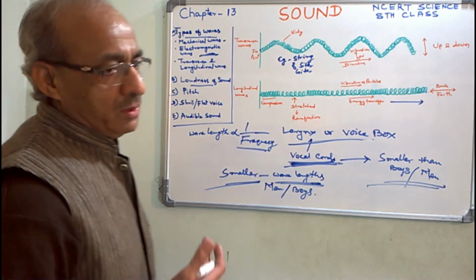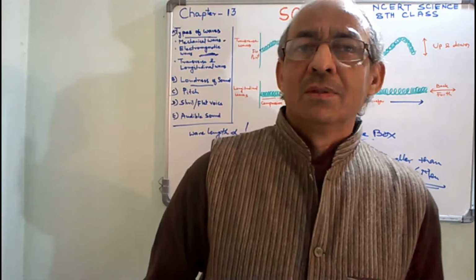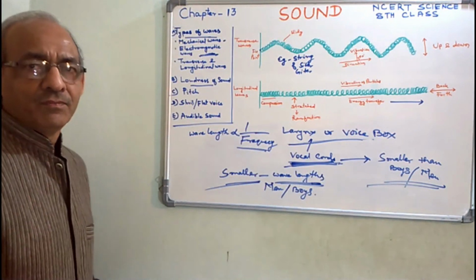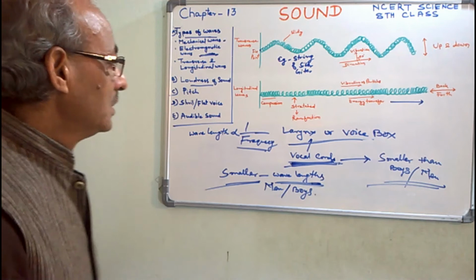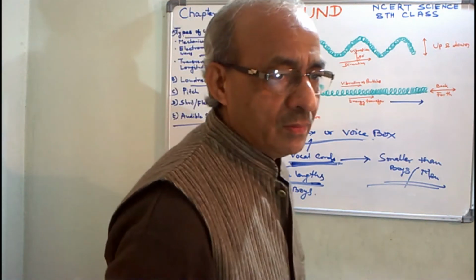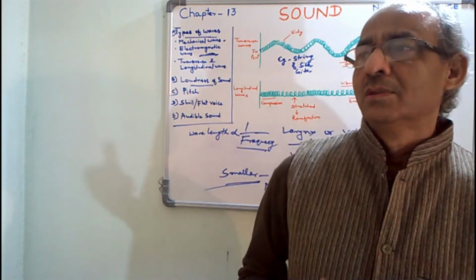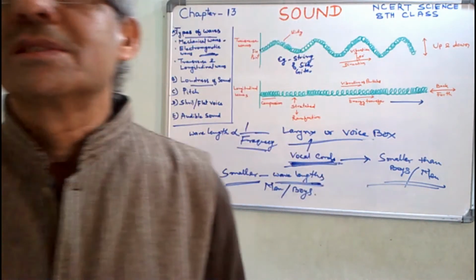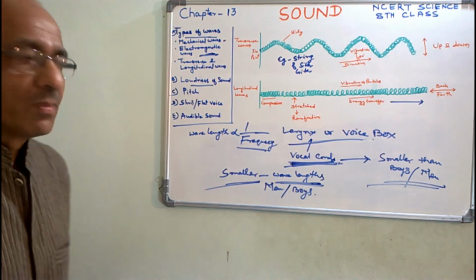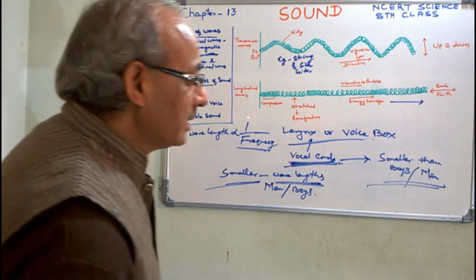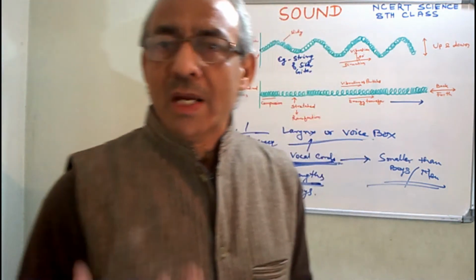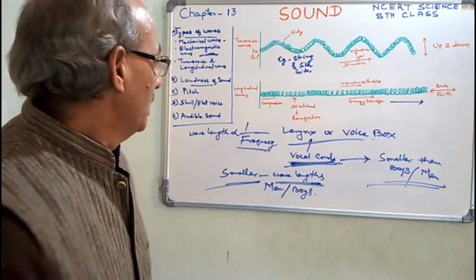So their voice is flat. Clear? This is the reason why the voice of girls, women, and small children is shrill and sharp. On the other hand, why the voice produced by men and boys is flat.